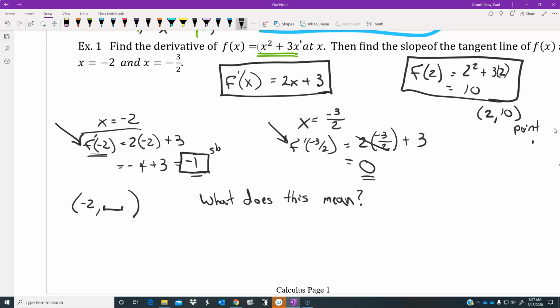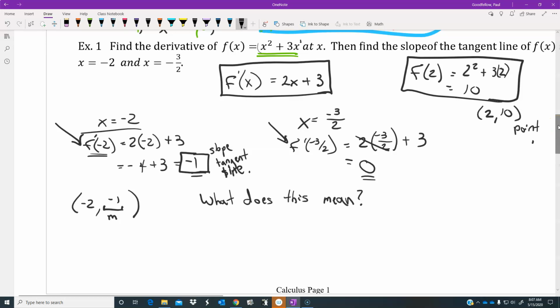It is the slope of the tangent line. And what I'm saying here is that you're getting a slope in this y location. Even though it looks like a point, it is technically saying that at -2, the slope is -1.